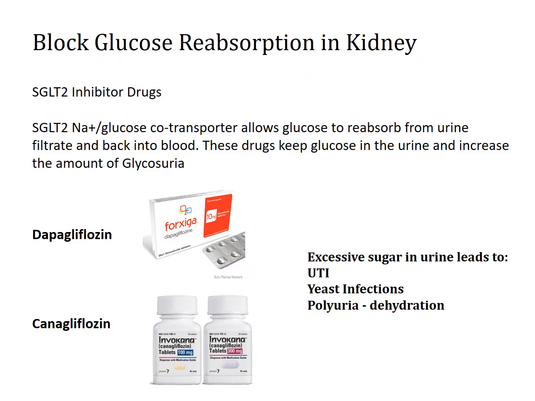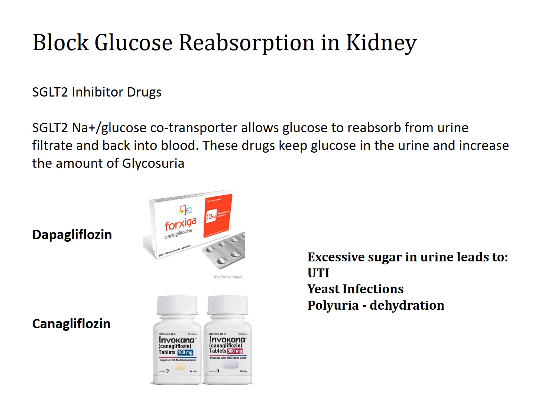And the last group of drugs that are out on the market are called SGLT2 inhibitors. SGLT2 is a transporter protein found in the kidney. The function of that protein is to take glucose out of the urine filtrate and bring it back into blood.